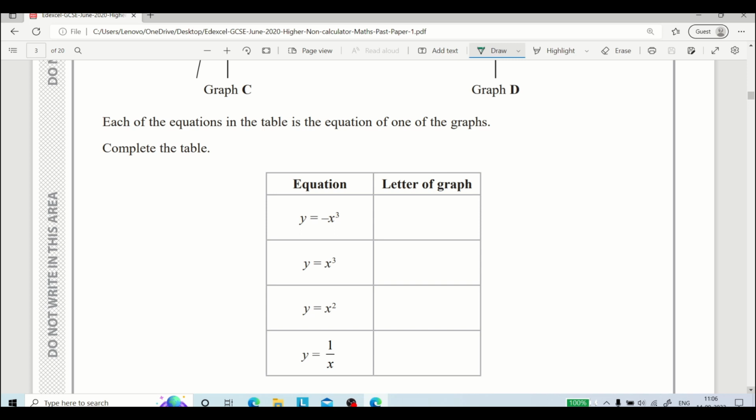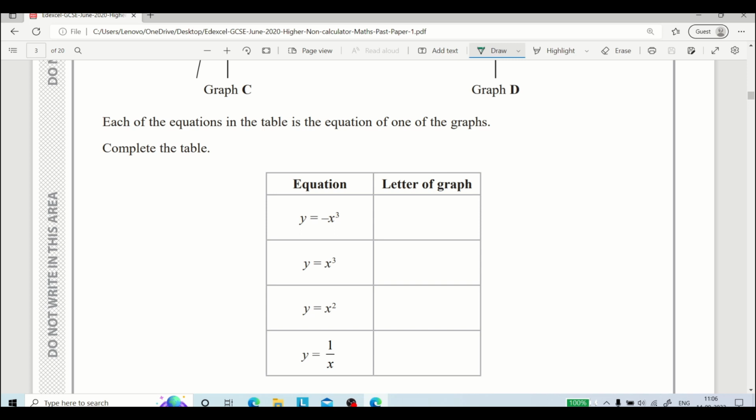Okay, which means we just need to match which equation maps to which graph. Okay. So starting with the very first one, that is y equals minus x cube.